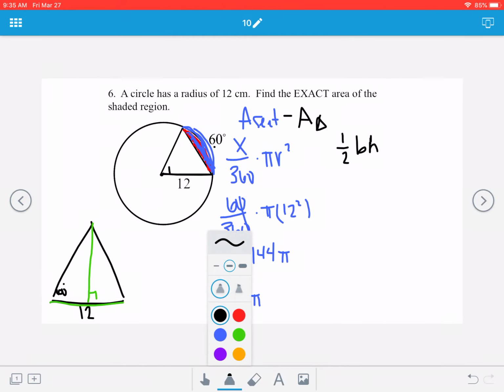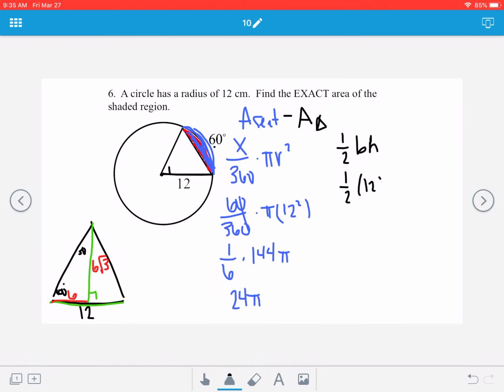When I drop that altitude in, I create this little 30, 60, 90 triangle. This is going to be 6 long leg, 6 square root 3. So now when I go to find the area of the triangle, we're going to go 1/2 times 12 times 6 square root 3.